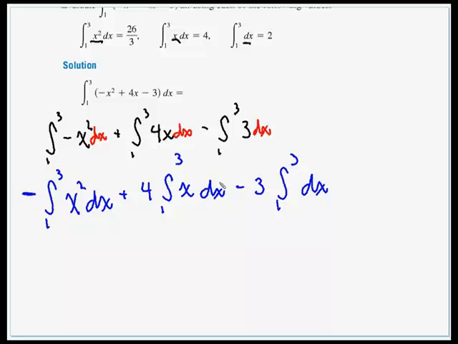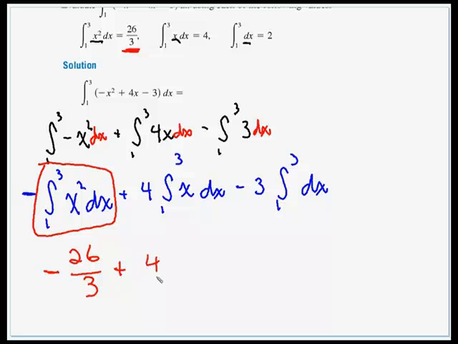Now we can plug in the values that we have above. The integral from 1 to 3 of x squared dx, they told us, was 26 thirds. We have a negative out front, so negative 26 thirds. Plus 4 times this integral from 1 to 3 of x dx, which is equal to 4, so that's going to be times 4.